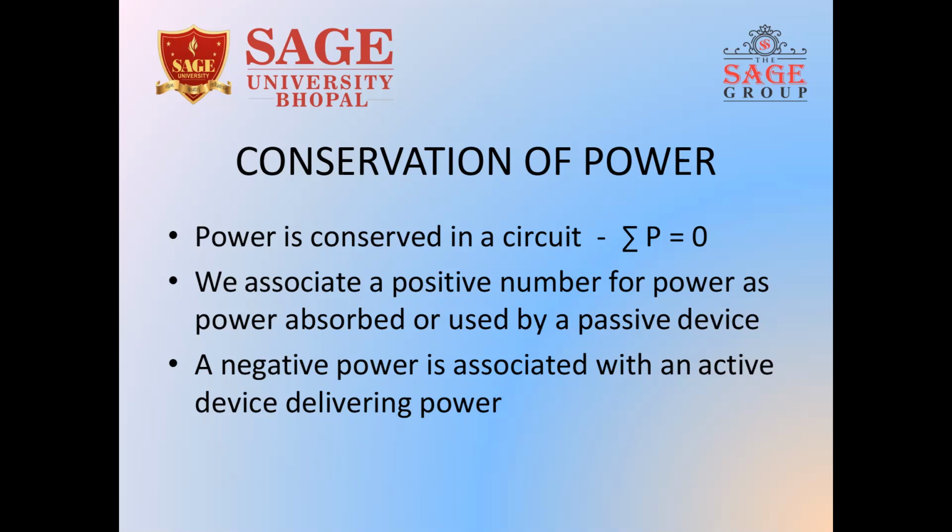We associate a positive number with the power absorbed by a passive device, and negative power is associated with power delivered. So this is power absorbed and this is power delivered.